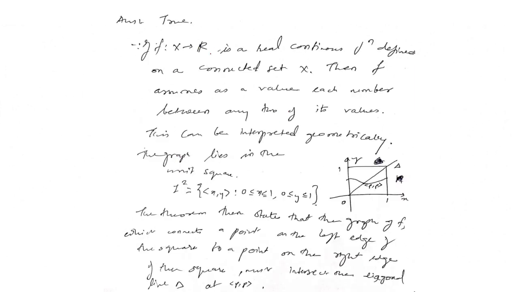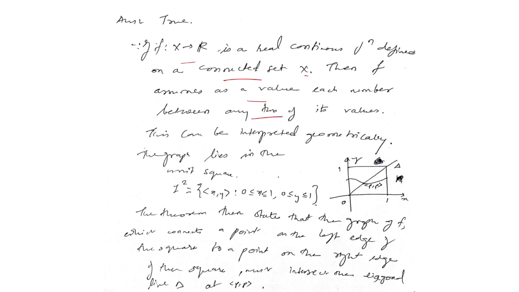It goes like this: if you have a function f from X to R, a real continuous function defined on a connected set X, then f assumes as a value each member between any two of its values. It is by the connected set X. You might have seen this result. Now this can be interpreted geometrically.